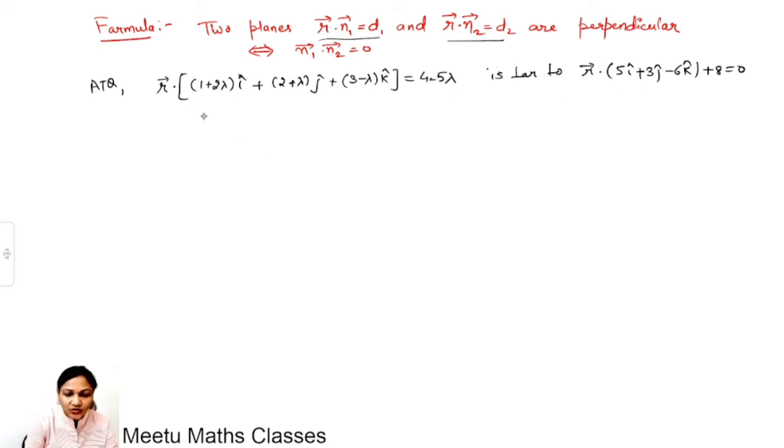So for the dot product, this plane can be written as r dot 5i plus 3j minus 6k is equal to minus 8. Now to make this distance positive, we can shift the negative sign into the normal vector.